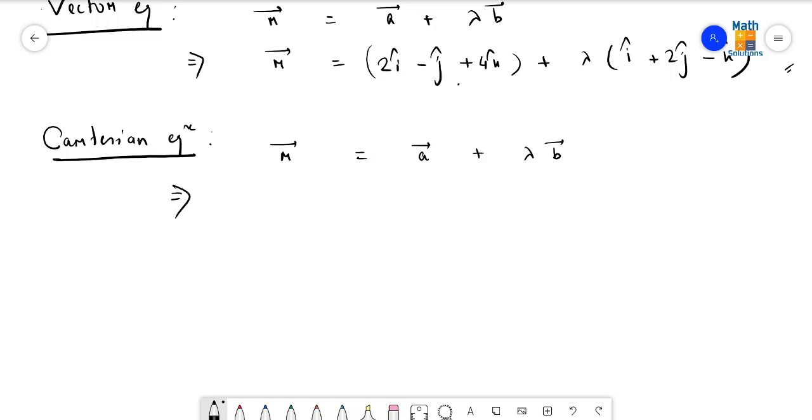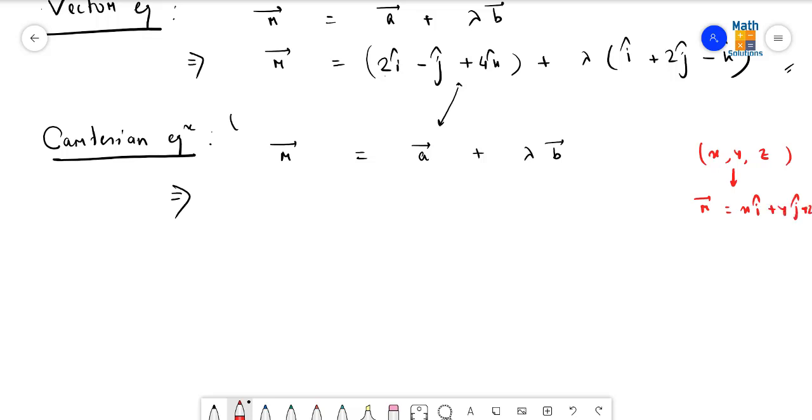If we consider any arbitrary point x, y, z, its position vector is always taken in the form x i cap plus y j cap plus z k cap.